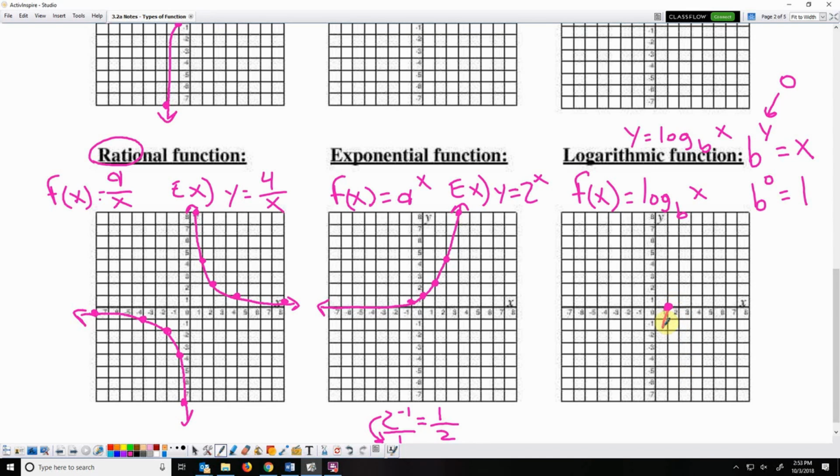And as it goes down this way, it's going to hug the y-axis. And this is where we'll be less precise with this one. It goes off in that direction. It's very important that we become familiar with each of these types of functions, their equations, and their graphs as we go forward throughout this unit and farther in pre-calculus.